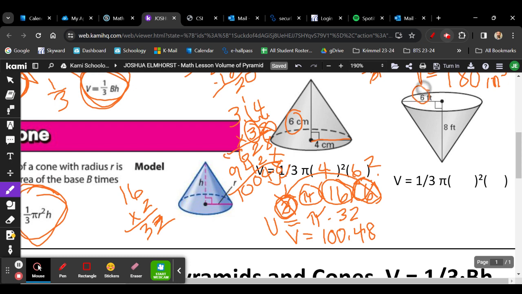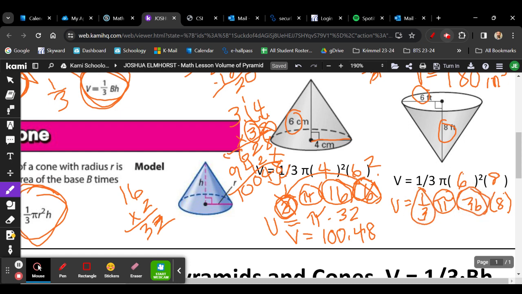The last one, we got 6 squared times the height. So using the formula, pi times 36 times 8. And just put pi on hold for right now. We can leave that till the end.